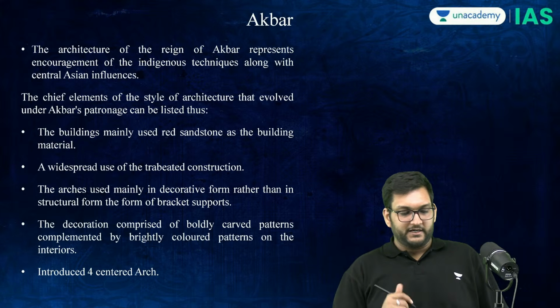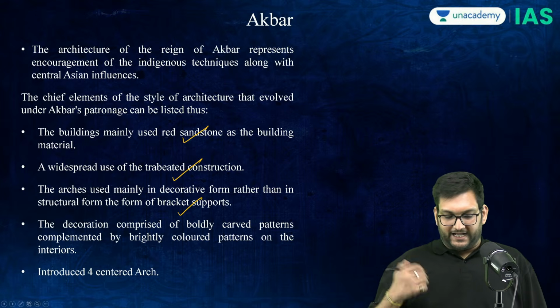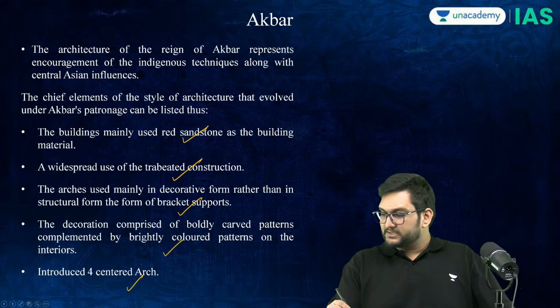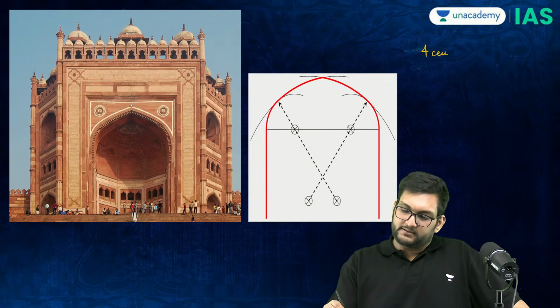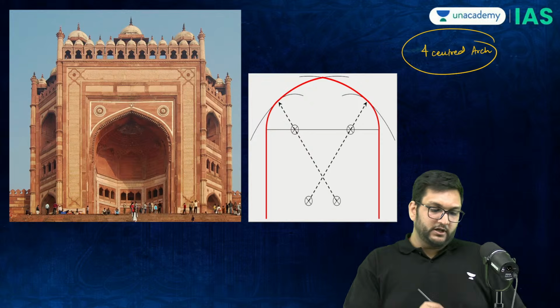Now let's try to understand these features: red sandstone, trabeated structure, the arches for decoration, four centered arch. First is four centered arch. We see it in the Buland Darwaza.